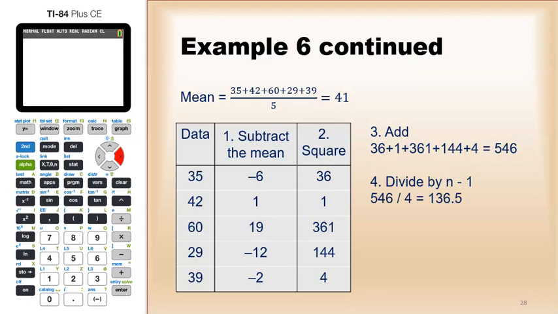So 546 divided by 4 gives me 136.5. And then finally do the square root. In your calculator, the square root would be right here. There you go. The square root of 136.5, you see you get the 11.7. So the standard deviation is 11.7.